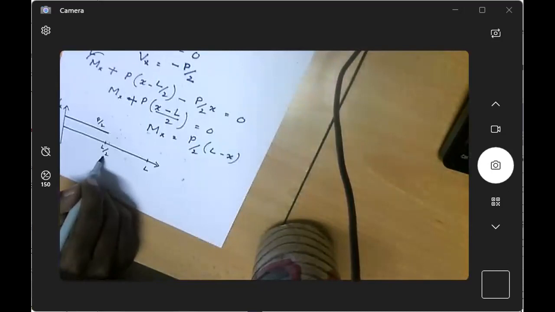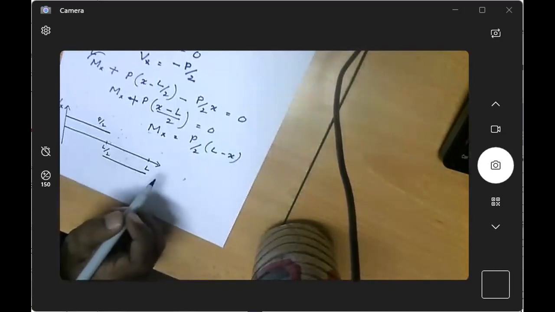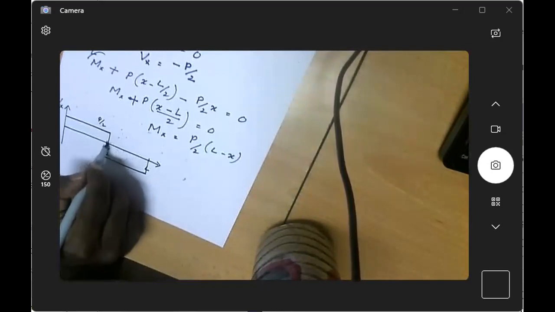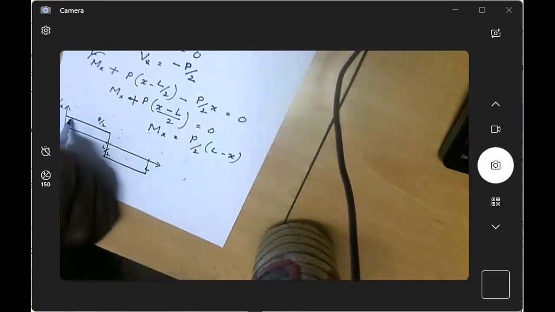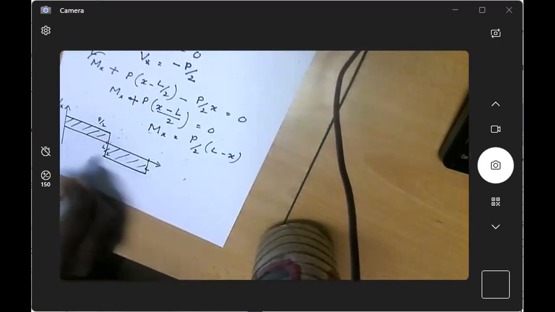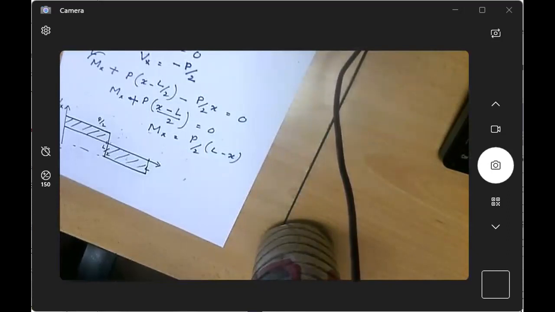So from here, it will go to the minus side and will be the same until it ends. And this one is minus P over 2. Correct? Yes.